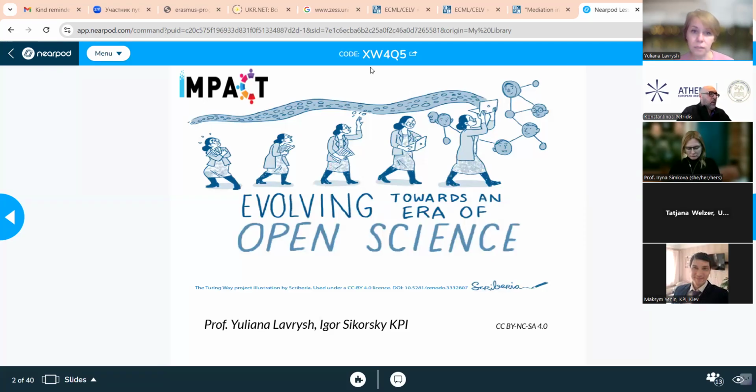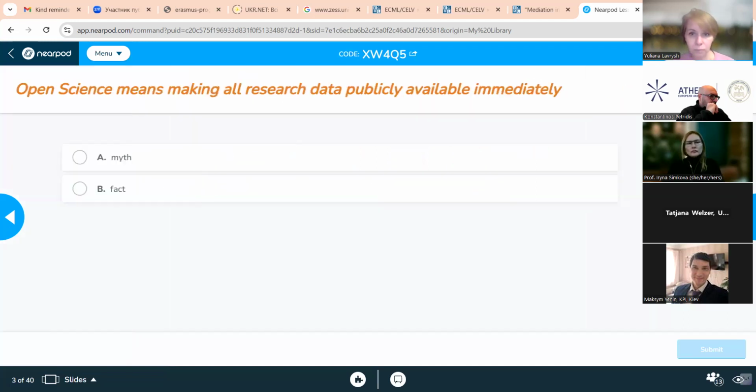So I think it is pretty obvious that open science and open data principles and values are really important today. Before we discuss step by step open science principles, practices, and so on, here are some statements for you to vote on.